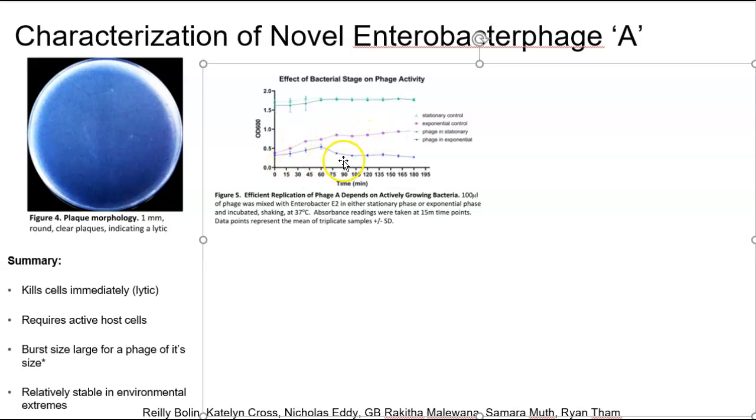Now, in this line here in blue, we've got the virus mixed with the bacteria. So initially, the cells start to grow, but then the virus catches up, and you start to see the absorbance go back down. So the bacteria grows much better in our actively replicating cells than in the stationary cells.